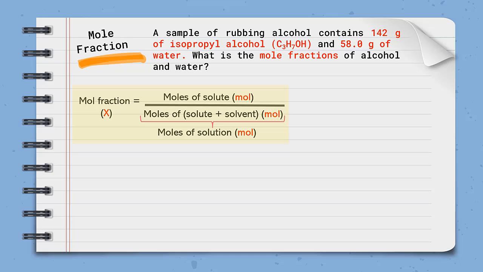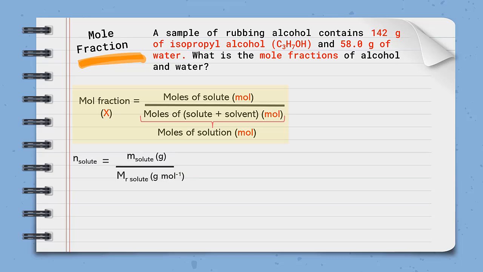The numerator is not necessarily the solute; sometimes it can also be the solvent. What is important here is that instead of mass, you need to change it to mole. So you need to do a bit of work here. You need to first find the mole of solute and also the mole of solvent, then only can you substitute the values into this formula. So let's start one by one.